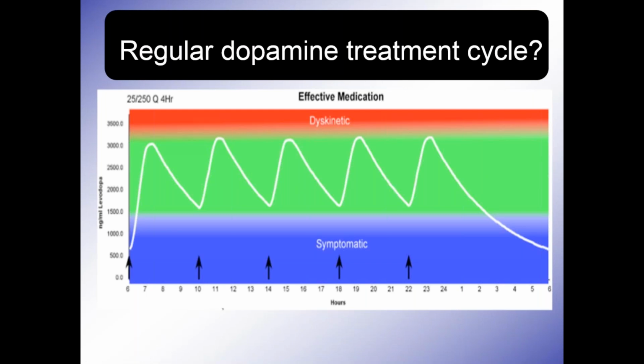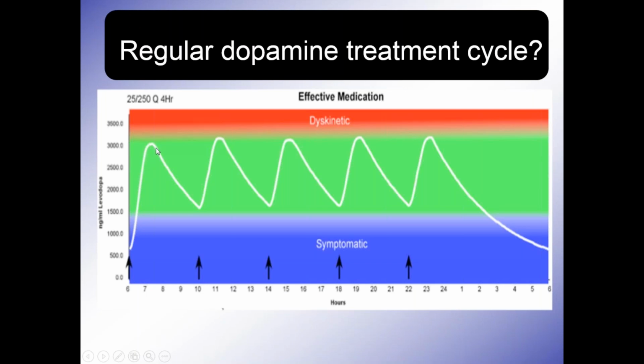With Parkinson's disease, of course, our levels are much closer to this purpley bluish color at the bottom. And so when we take a dopamine supplement in the form of one of the pills that we just named, every time we take one of those pills, you can see a sudden increase in the dopamine content.